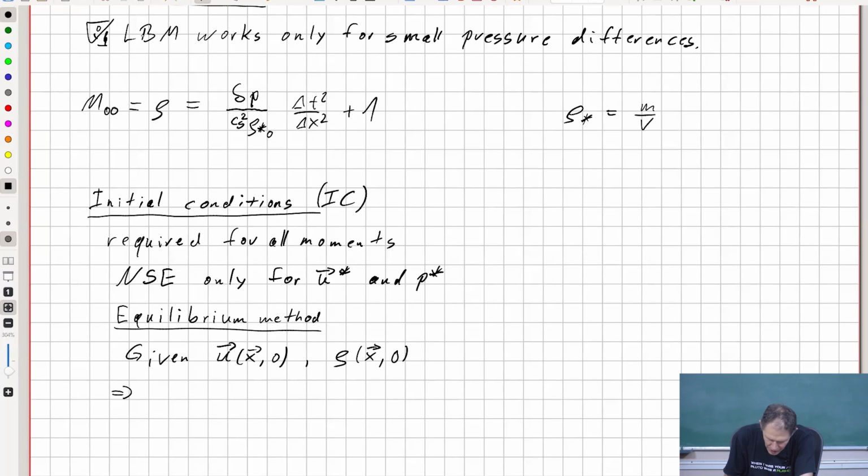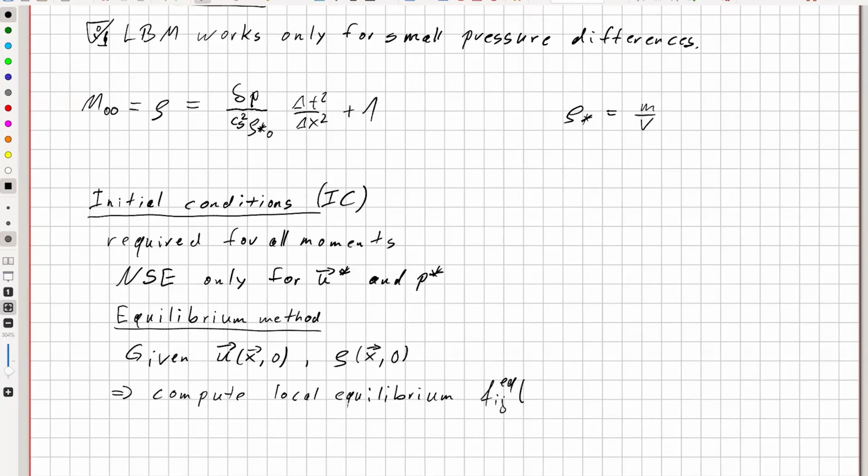Then we can compute the local equilibrium f_ij^eq for this given velocity and the given density or mass, and we can do this from the Maxwell moments, or actually from any of the ways to compute the equilibrium function that we have seen this morning.